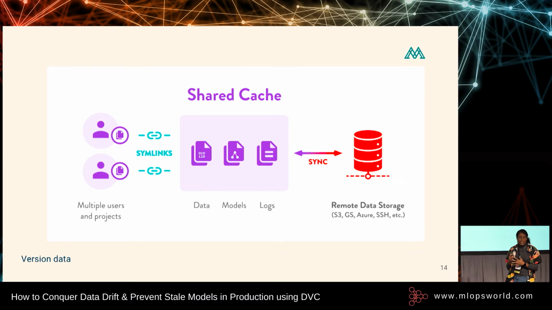And once you decide, this is what I want to push up because I'm proud and everybody should see how good I did cleaning this data, you push it up from the cache to whatever cloud storage you're using, an S3 bucket, Azure Blob Storage. Maybe you're just attached to Google Drive and you want to keep pushing it there. It's totally fine. So we've decided we're going to take this data set and push it up to a remote.